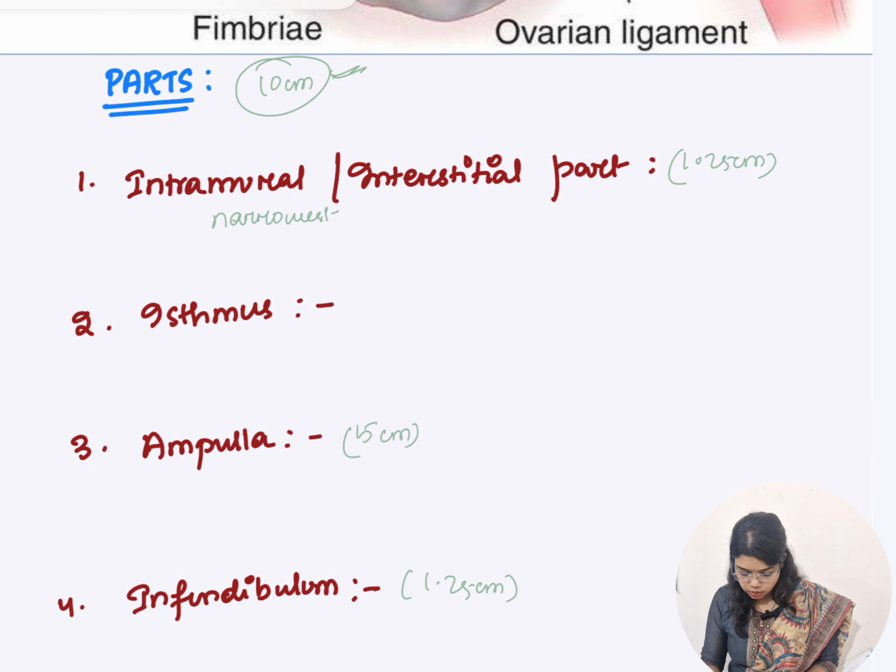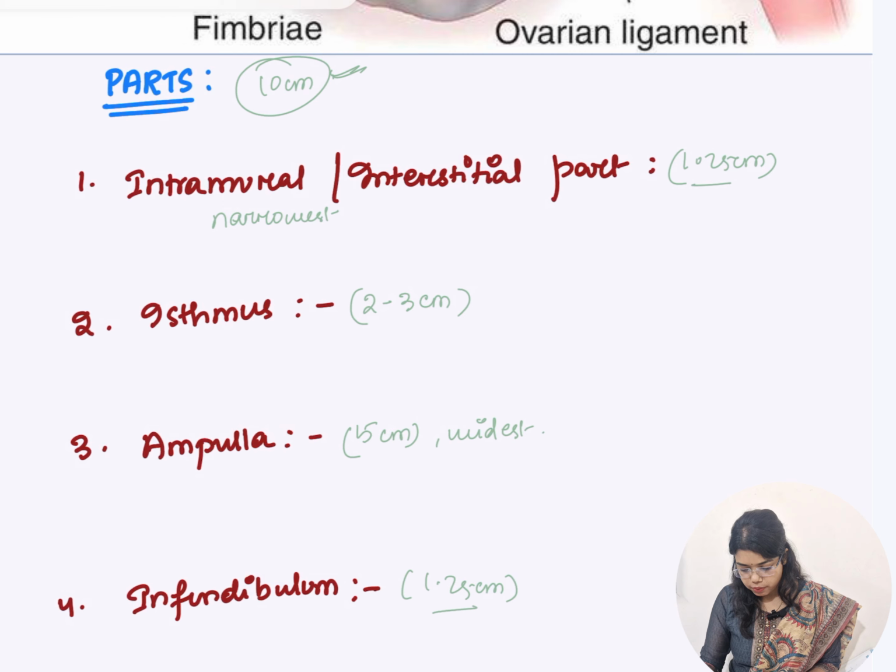Ampulla is the longest, that is 5 centimeter, and widest also. And this one is the isthmus, the remaining, 2 to 3 centimeter. Okay, got it? Intramural 1.5, infundibulum also 1.5, ampulla is the widest, 5 centimeter, and the remaining isthmus is 10 minus all of this, that is 2 to 3.5 centimeter.